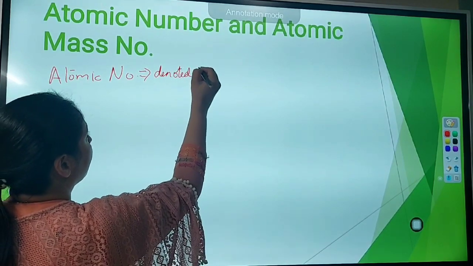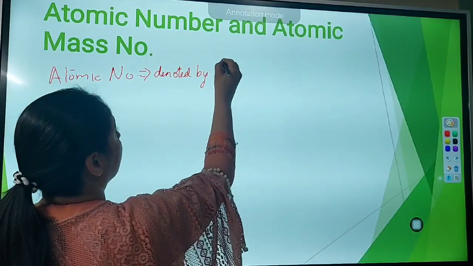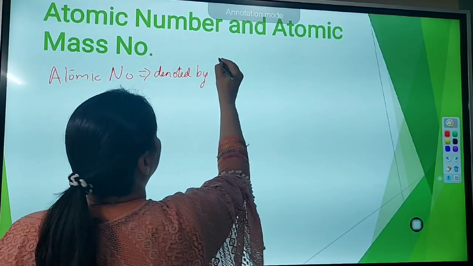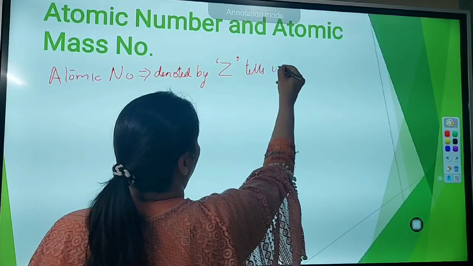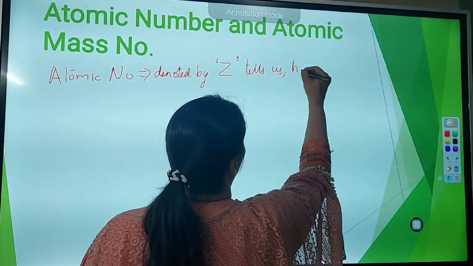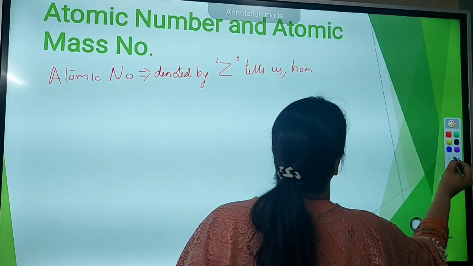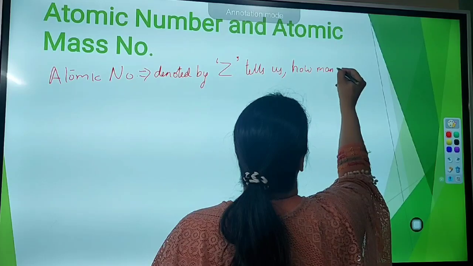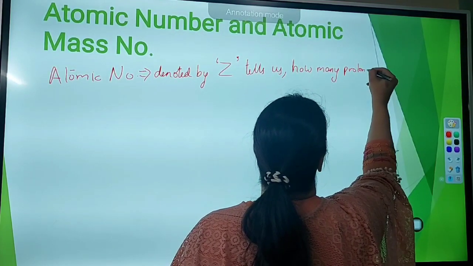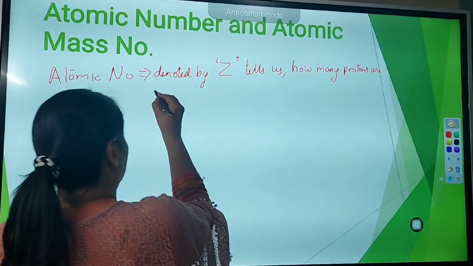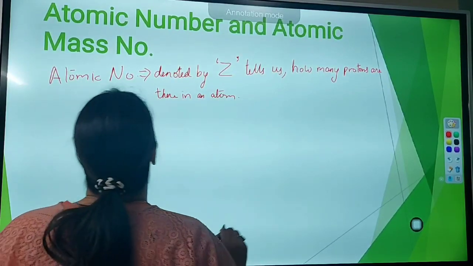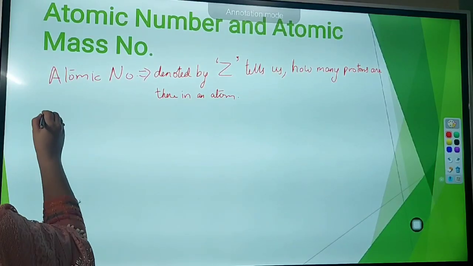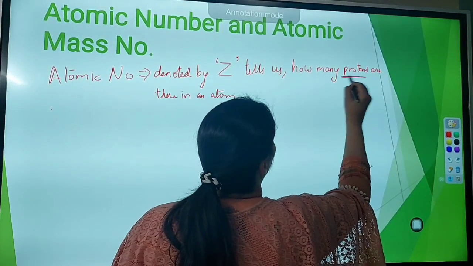Atomic number, denoted by the letter Z, tells us how many protons are there in an atom. Number of protons.